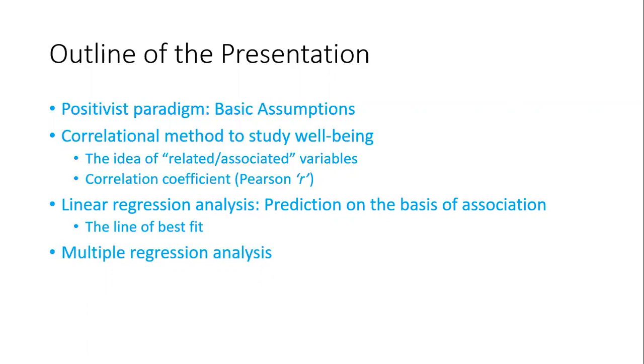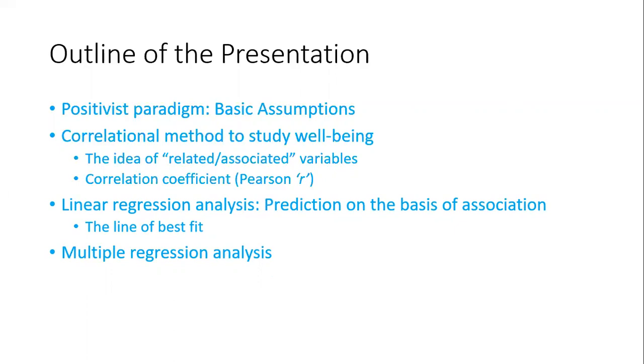How we derive that line of best fit would also be a part of this learning today. And then we'll look at that, beginning with, as we began with the correlation coefficient between two variables, and then linear regression, I beg your pardon, between two variables, which is also known as bivariate regression.